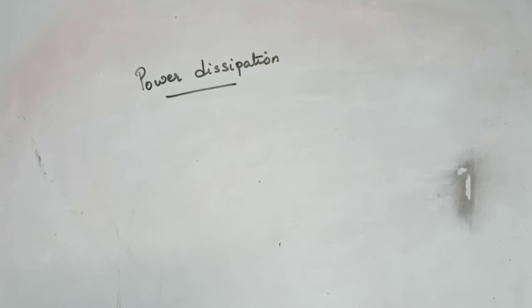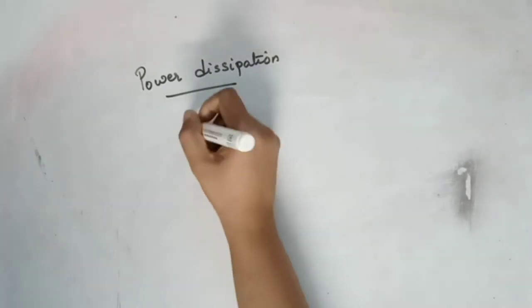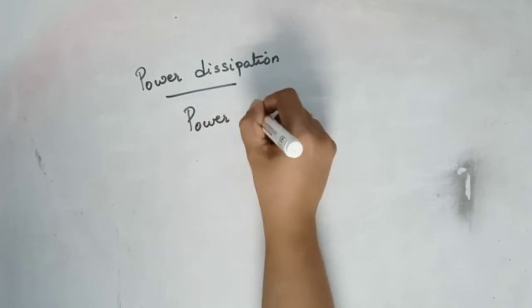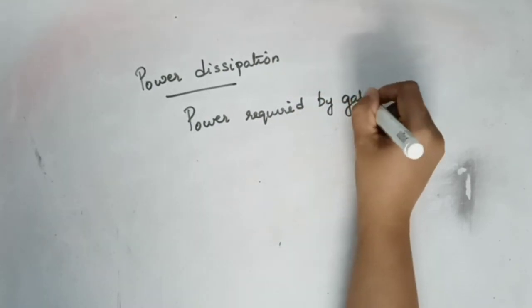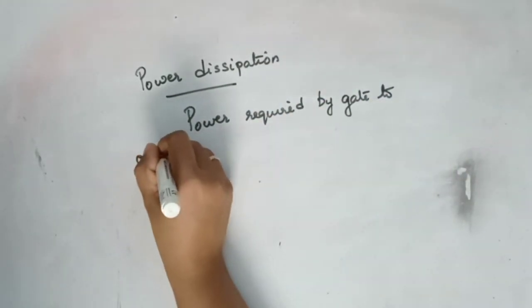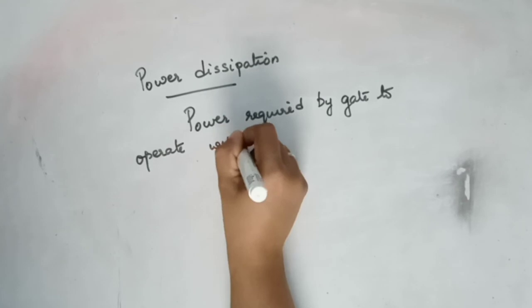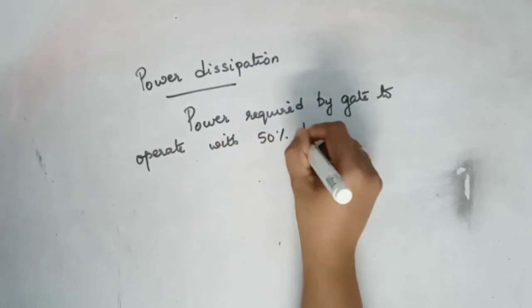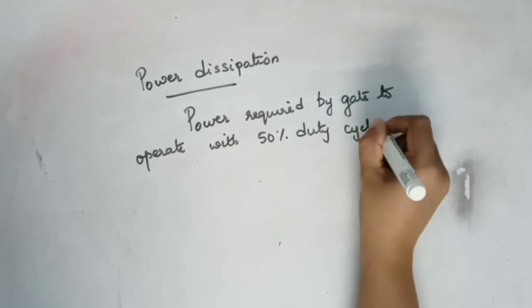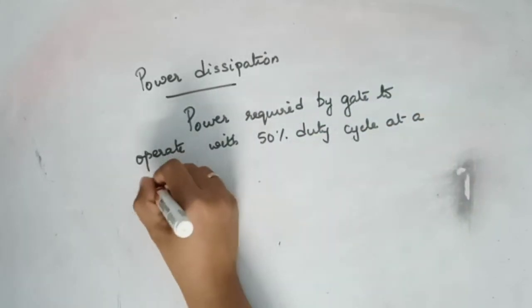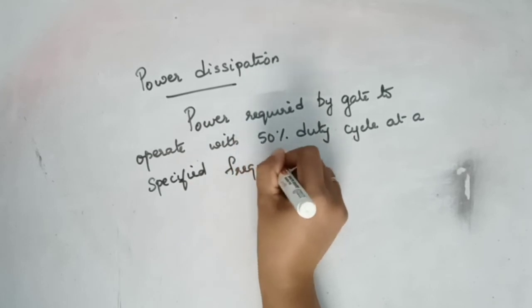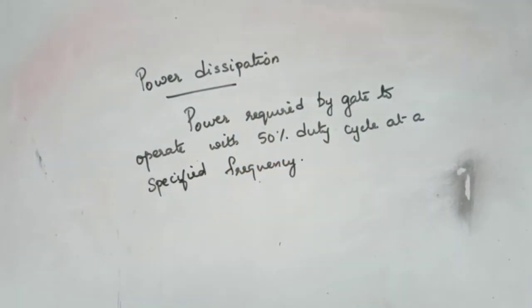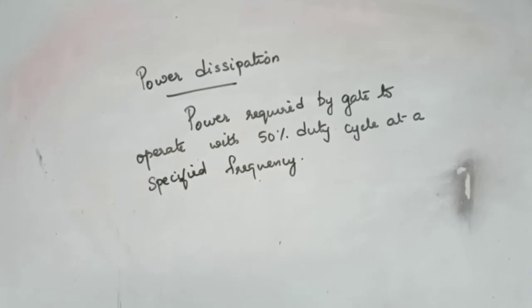Power dissipation is the power required by a gate to operate with 50% duty cycle at a specified frequency.